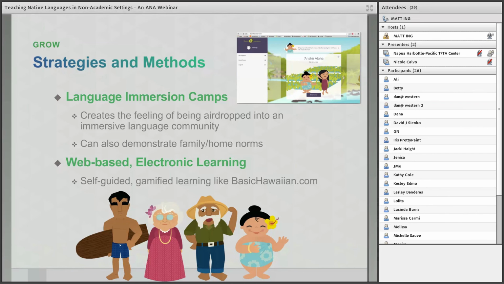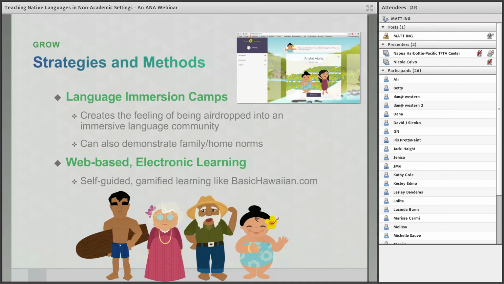One thing that really needs to be looked at is how could you expand this? Because if we want the language to survive, then we need younger people speaking it. If we want younger people speaking it, how can we get them involved?